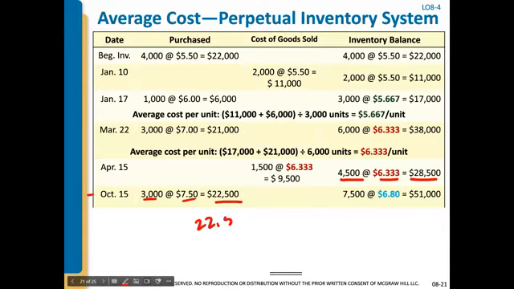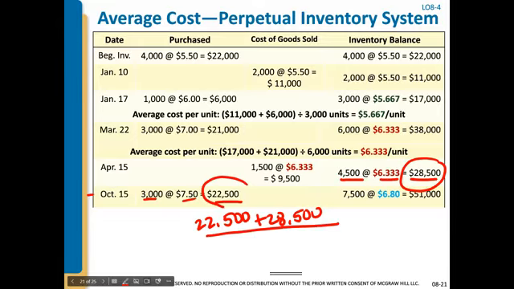So the way we're going to calculate our cost per unit is we're going to take our 28.5 from right here, plus our 22.5 from our purchases from October 15th, divided by the number of units available for sale, which is we had 4,500 units available, and we purchased another 3,000. So that gives us 7,500, and that math is going to be $6.80.